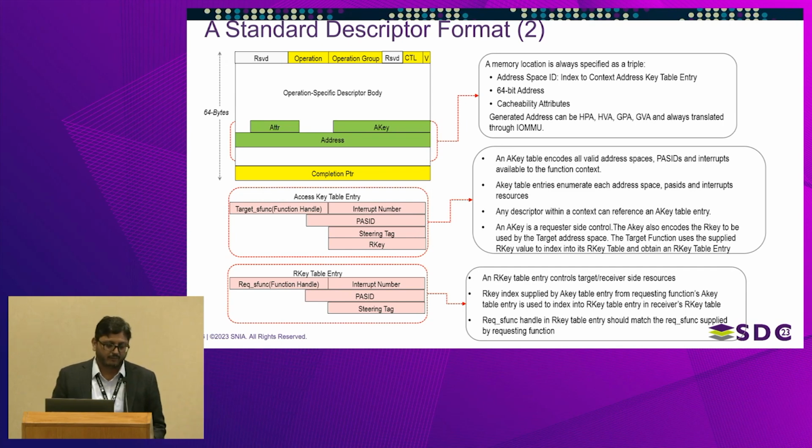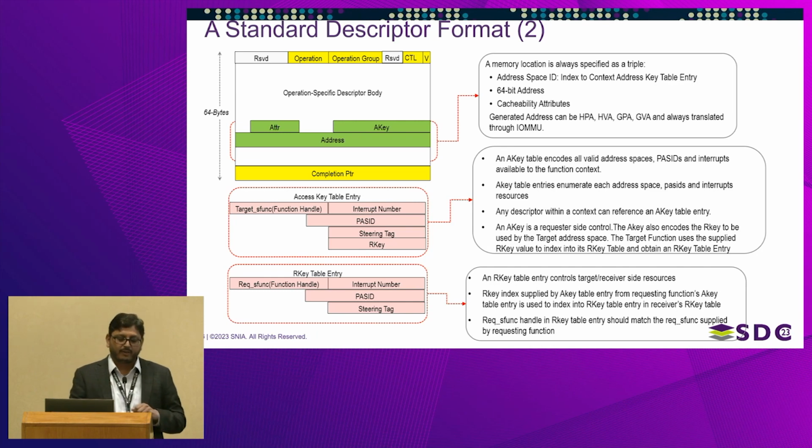There is an identifier for an R key, and this is an index that you would go and look into the remote function's R key table. So this index points you to the R key table entry in the remote function. So if you look at the R key table entry here, you came into the specific R key table entry using the index from the A key table entry that you passed in using the descriptor.